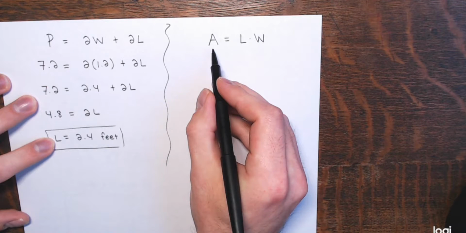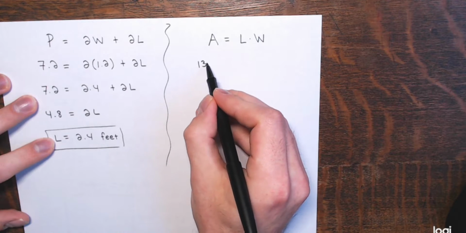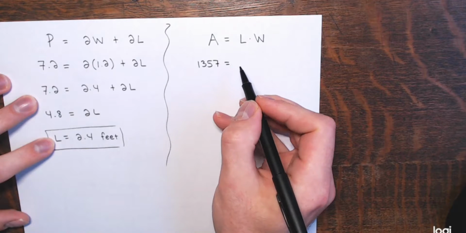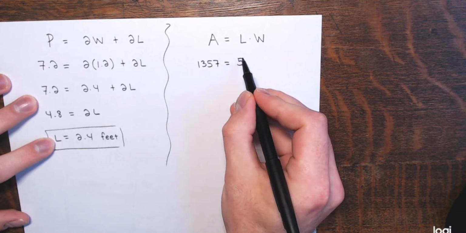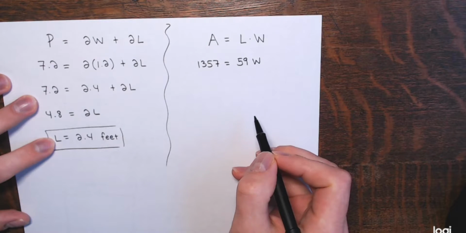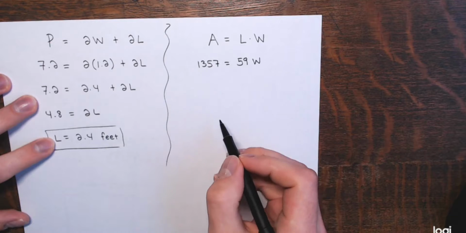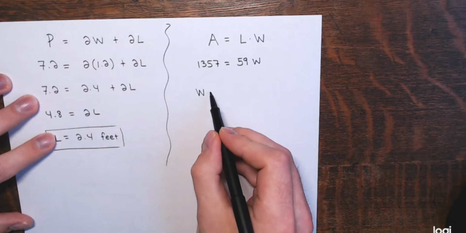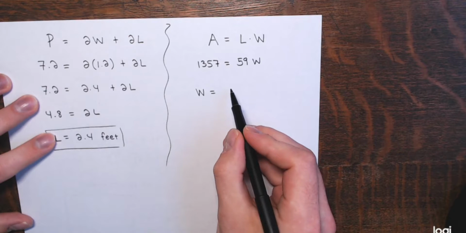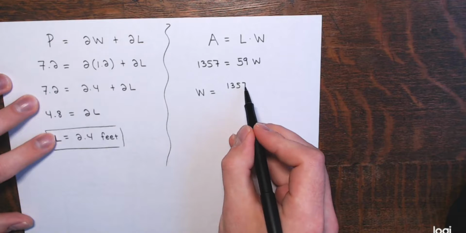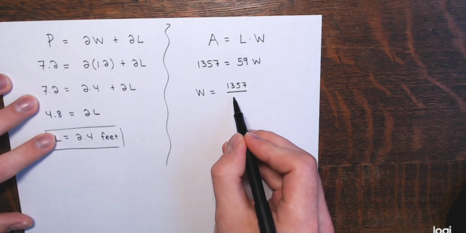They give us the area, 1,357 square feet, equals, they give us the length, 59, times W, right? We just don't know W. And all I'm doing now is dividing by 59. So W equals 1,357 divided by 59.